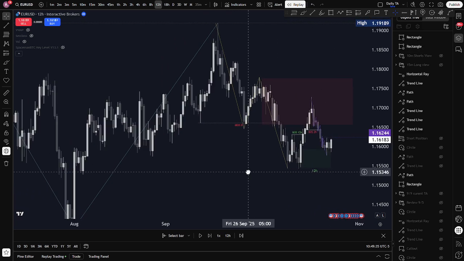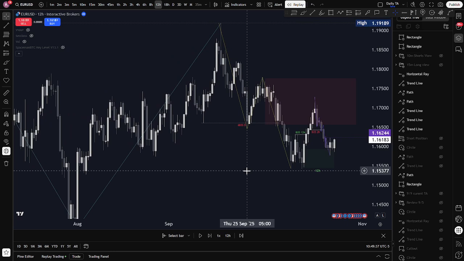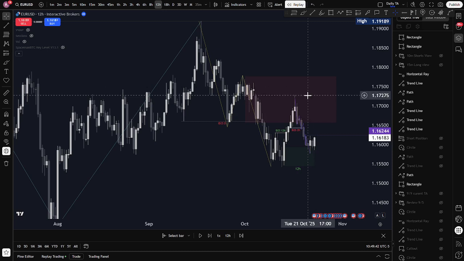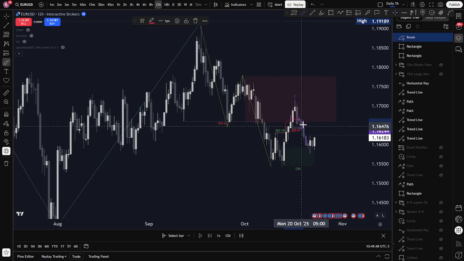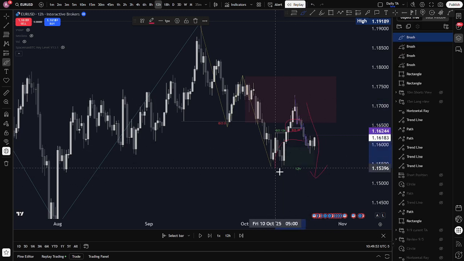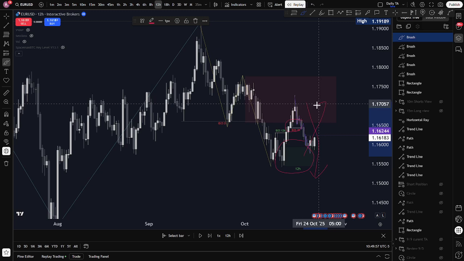The two different ideas here, from a high time frame standpoint: again, looking at the overall direction as down now because of this, or looking at, okay, this is demand and I should be looking for a long back up to here.